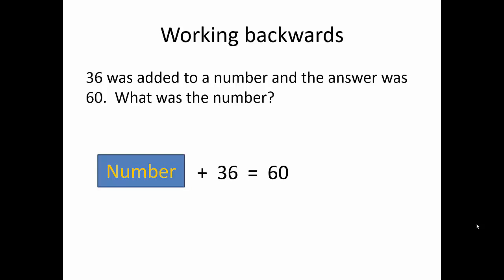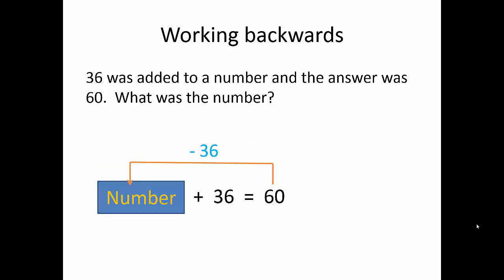That means I know that whatever number I had originally plus 36, so I added 36 to it, gave me 60. So to get to 60, I added 36. So when I go backwards to the number, I'm going to do the opposite, which is take 36. So 60 take 36 gives me 24. So my original number must have been 24.